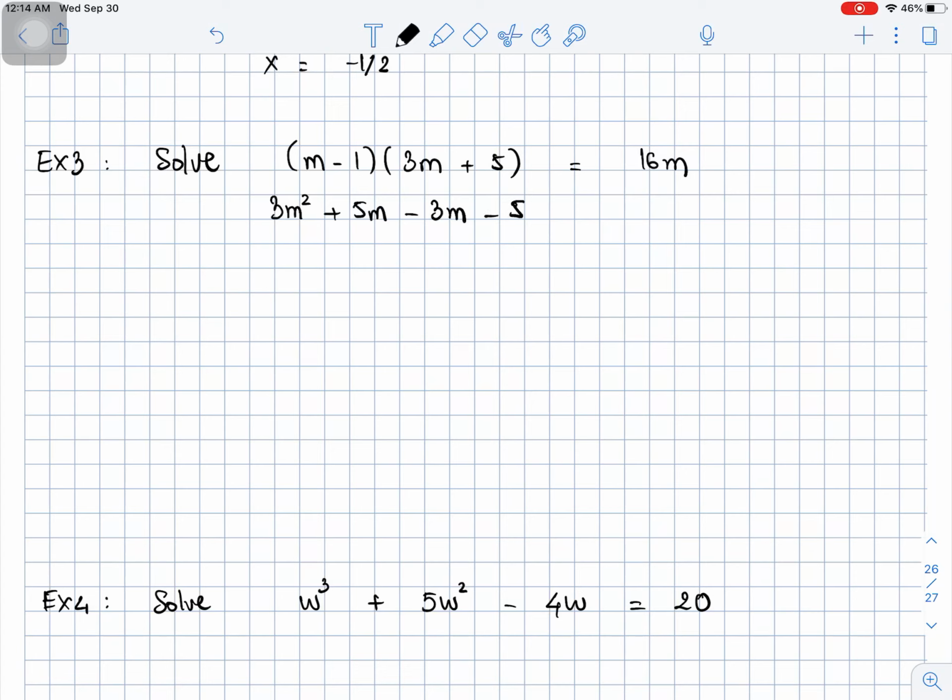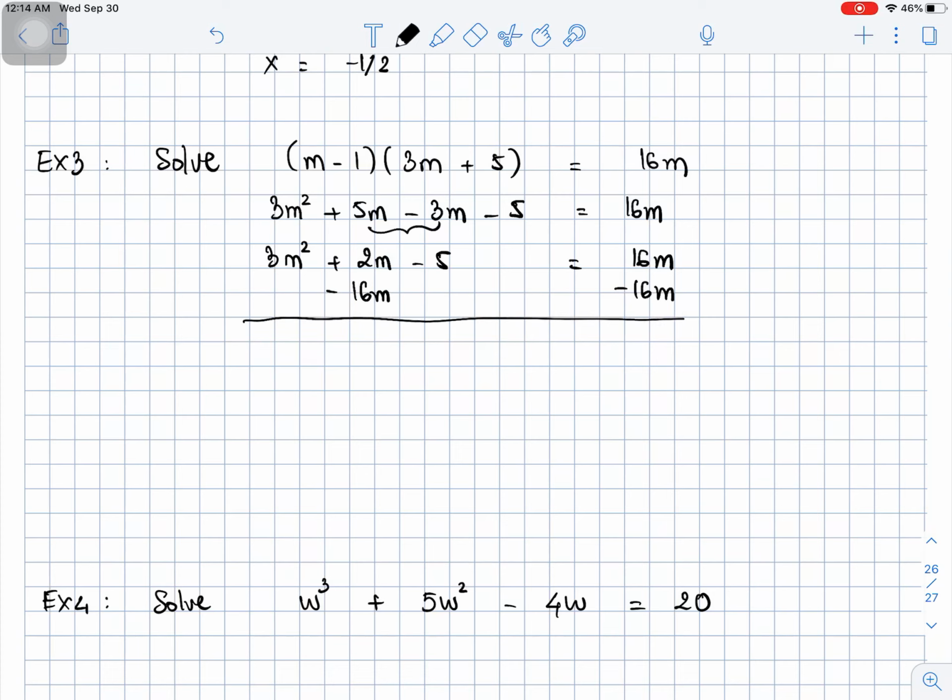We get 3m squared plus 5m minus 3m minus 5 equal 16m. Now we combine like terms, so we get 3m squared plus 2m minus 5 equal 16m.